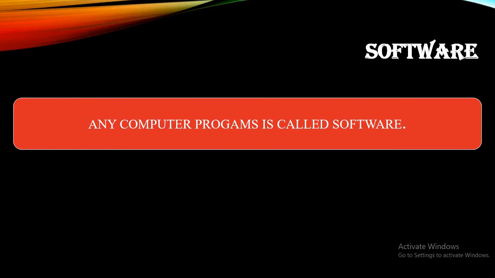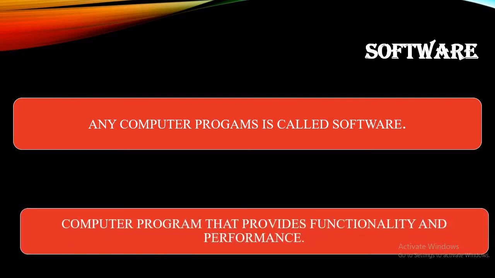Such a piece of code cannot be software. So let us redefine the statement given before: a computer program that provides functionality and performance either to the user or to the system. And this will be the exact definition of software.